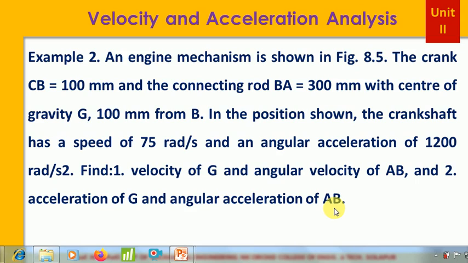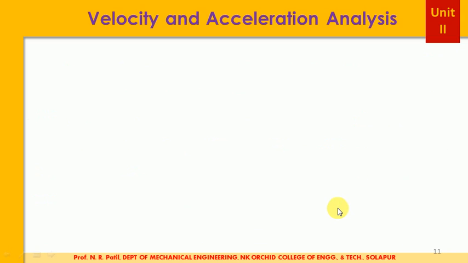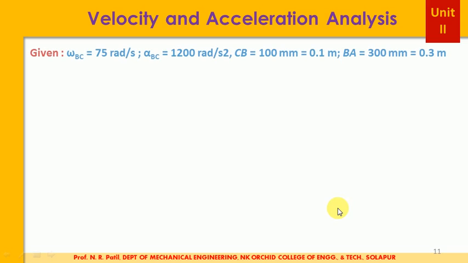Find the velocity of G and angular velocity of AB, and the acceleration of G and angular acceleration of AB. So let us see how to draw the velocity and acceleration diagram.